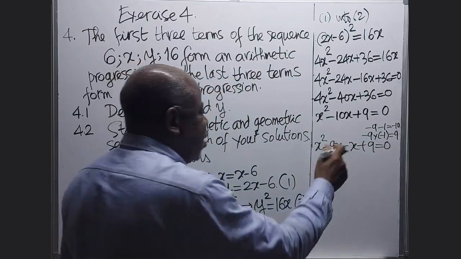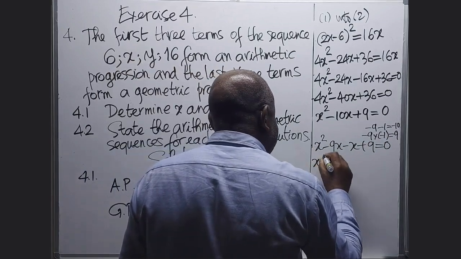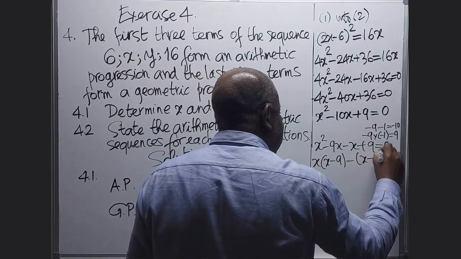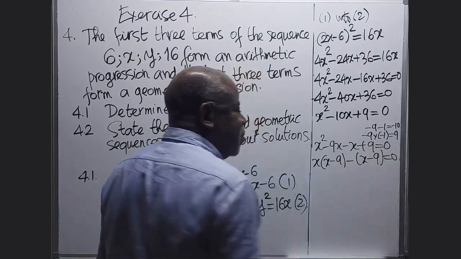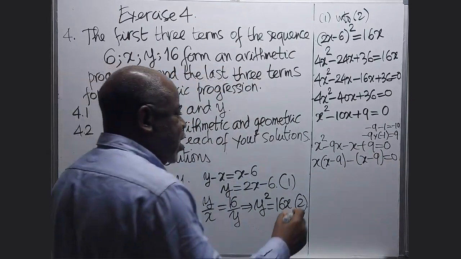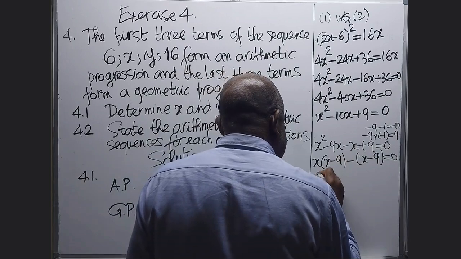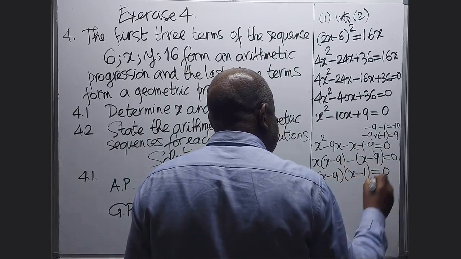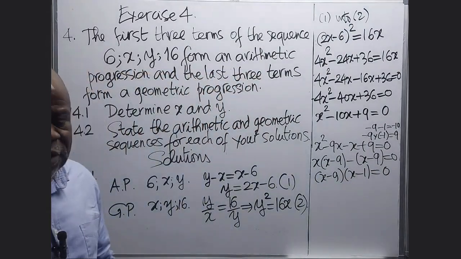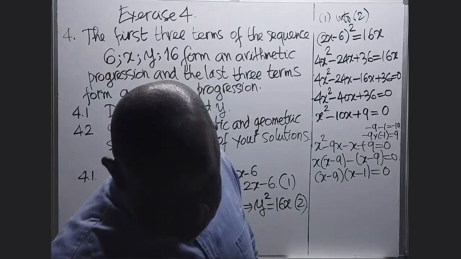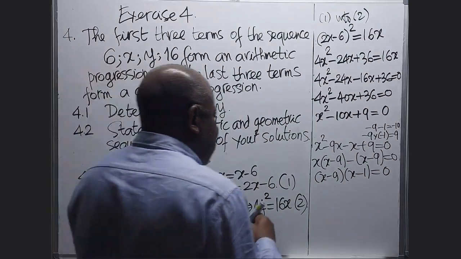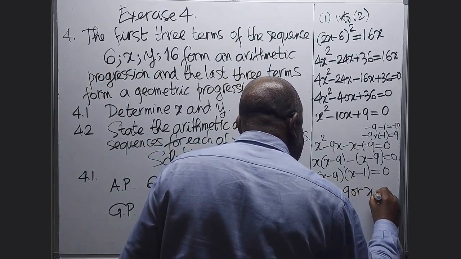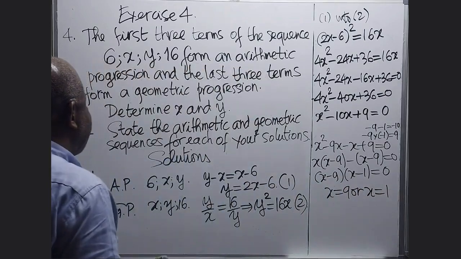Grouping the first two and the last two terms, we get x minus 9 common, so x minus 9 times x minus 1 is equal to 0. It's easy now to get the value of x: x is equal to 9 or x is equal to 1.